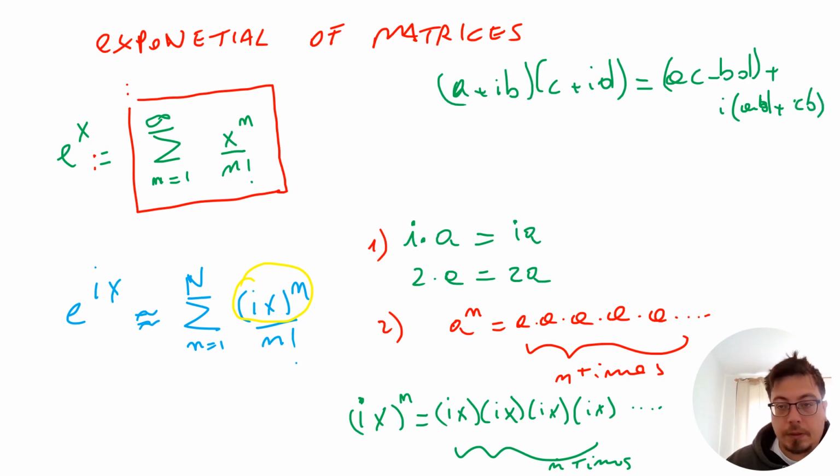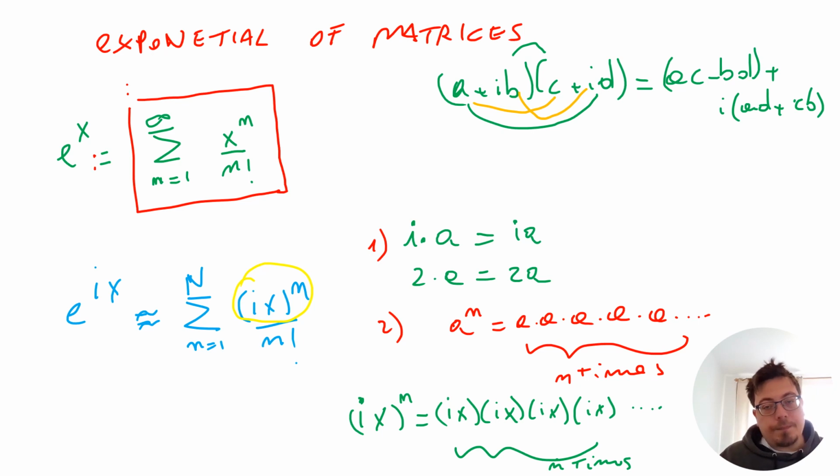Those are the cross terms: we did this times this, this times this, and then the cross terms, which are this times this and this times this, because they cross.